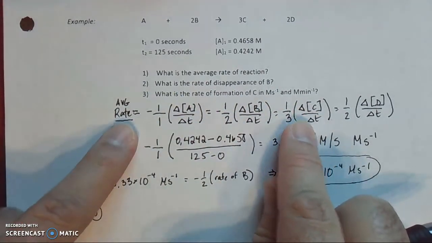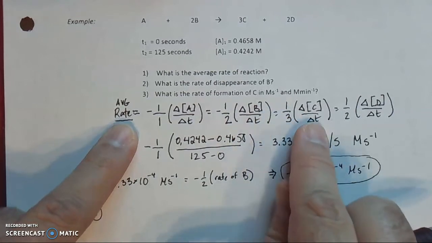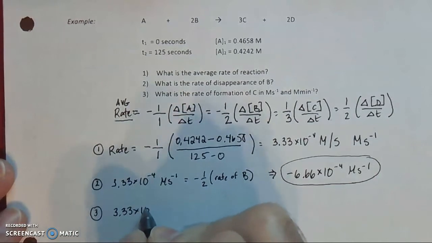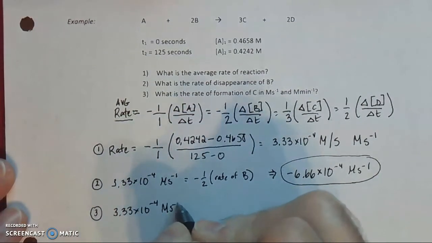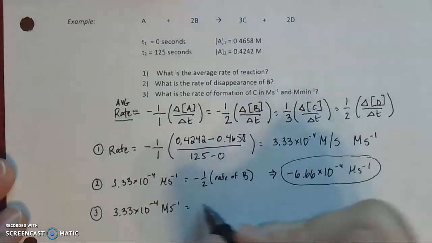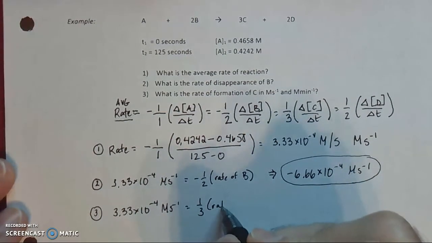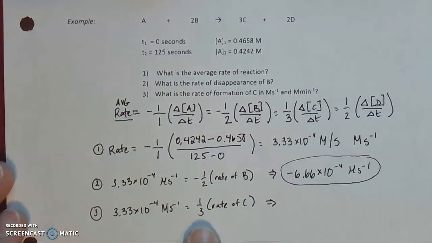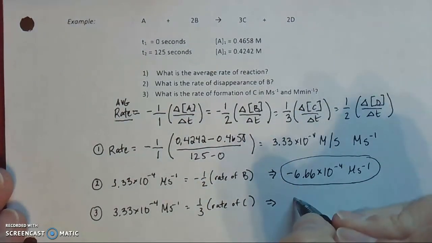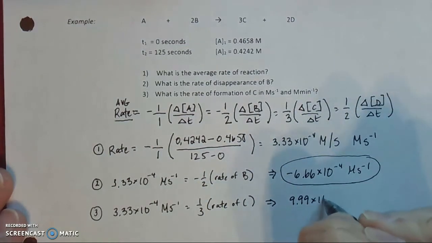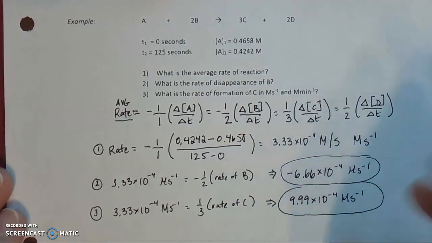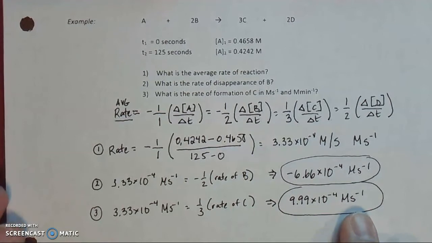So the average rate is equal to 1/3 the rate of formation of C. So 3.33 times 10 to the negative 4th ms negative 1 is equal to 1/3 times the rate of C. So all I have to do to solve for the rate of C is multiply both sides by 3. And I get 9.99 times 10 to the negative 4th ms negative 1. There's my answer in molar per second.